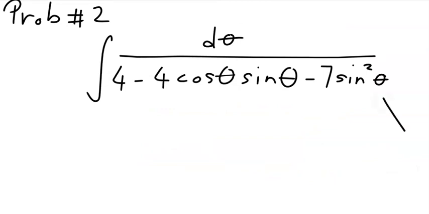Now the next problem. As you can see, as before, the denominator is not homogeneous. So let's turn it into a homogeneous form by using an identity in trigonometry.